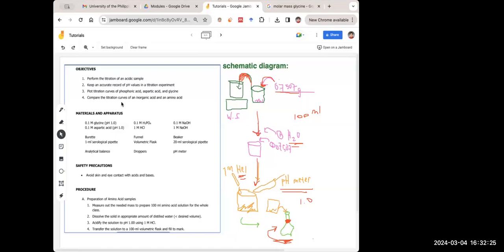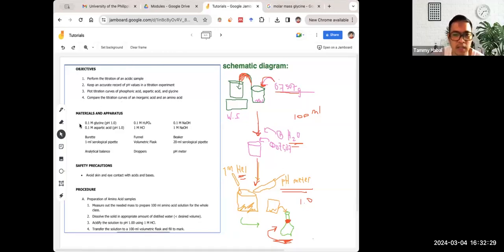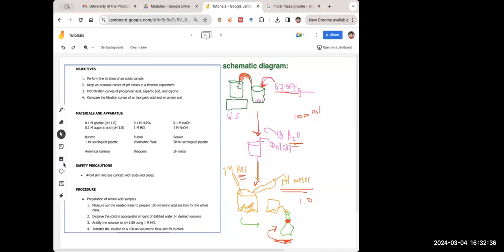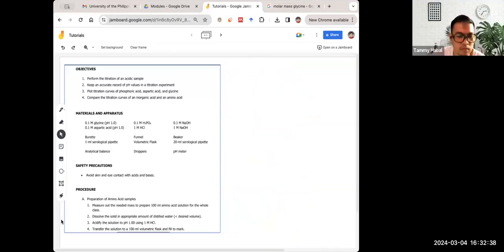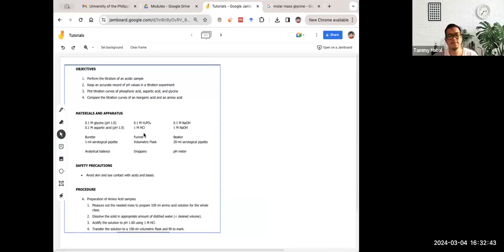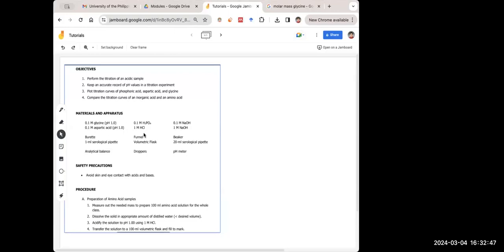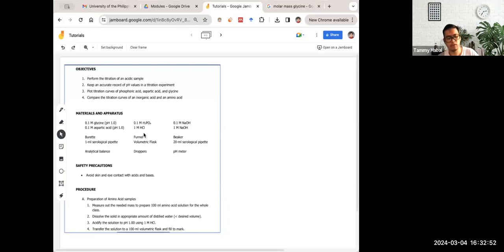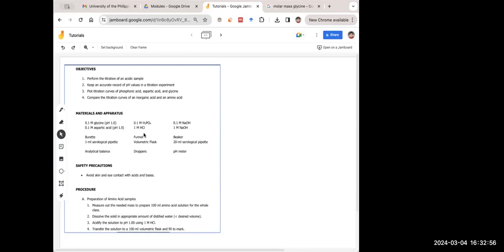So I did the glycine, you do the aspartic acid. I'll give you 10 minutes. If you want to annotate now, you can. I'll delete the drawings. Aspartic acid, 0.1.